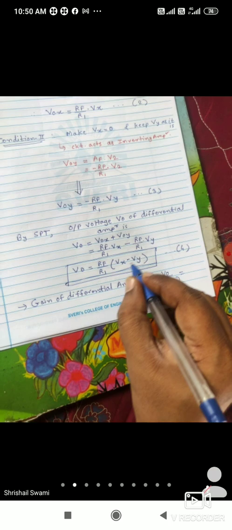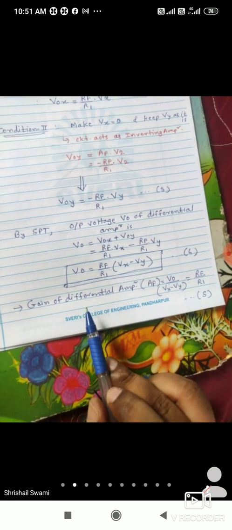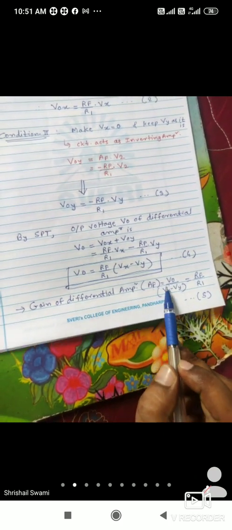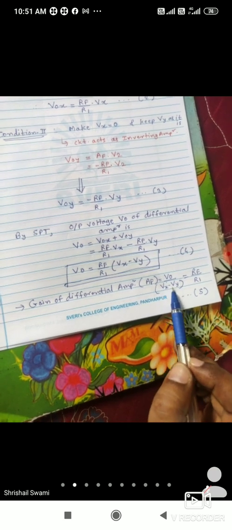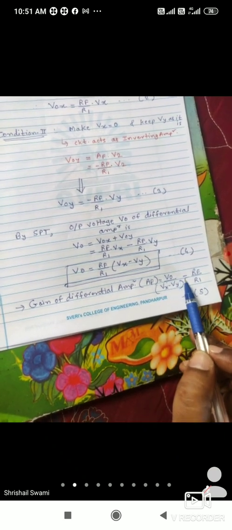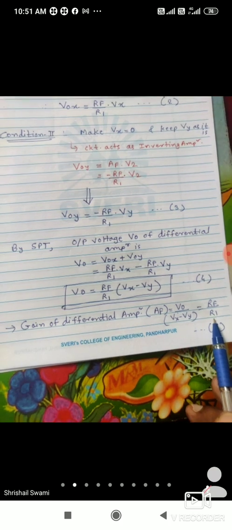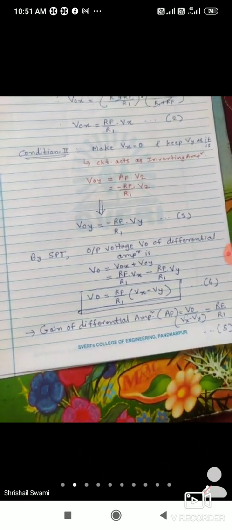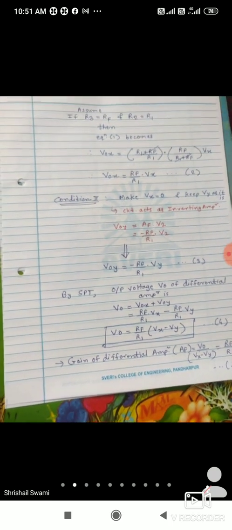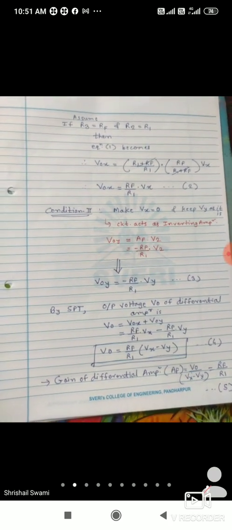So V0 divided by Vx minus Vy gives Rf divided by R1. This is equation number 5. This gives the gain of the differential amplifier: AF is equal to V0 divided by the difference in input voltage, because there are two inputs so we have to take the difference. That is equal to Rf divided by R1. So this is the third type of closed loop configuration, the differential amplifier.